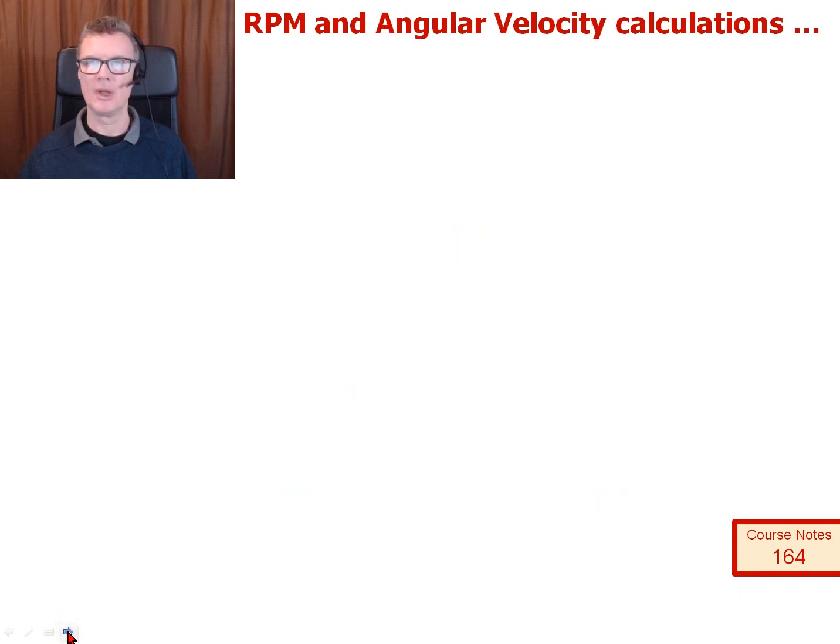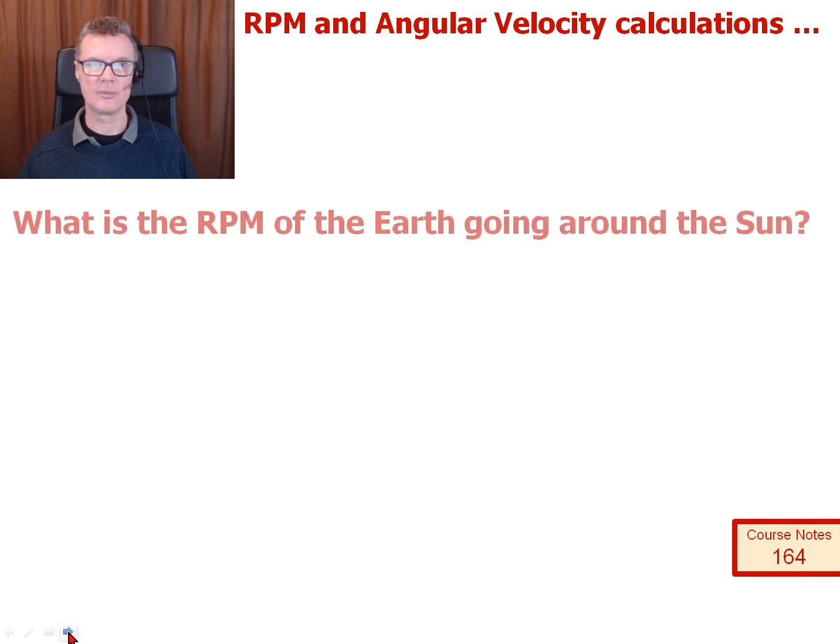Okay. Next, let's look at some RPM and angular velocity calculations. What is the RPM of the Earth going around the Sun? Okay, what's the RPM of the Earth going around the Sun?